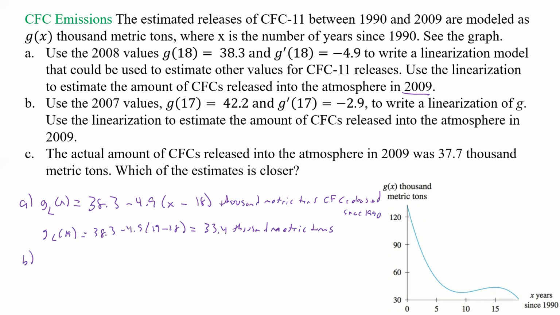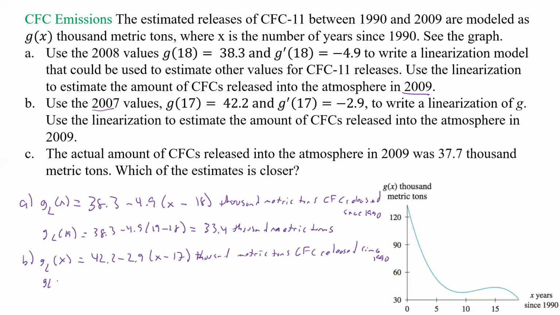Then B says we're going to create a new model. And now we have just different values. And these are the 2007 data. And so this is G_L(x) equals 42.2 minus 2.9 times (x minus 17). And so that's going to be, again, 1,000 metric tons of CFC released since 1990.